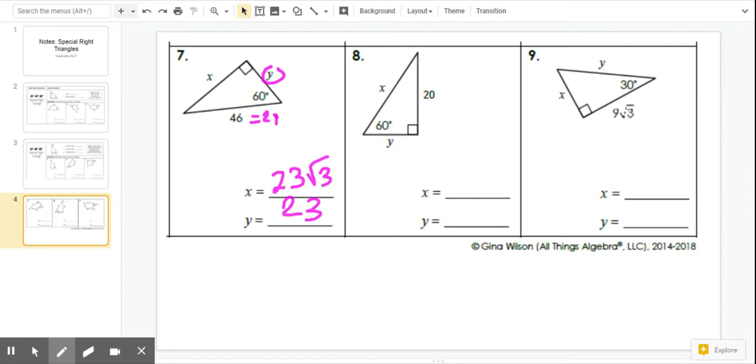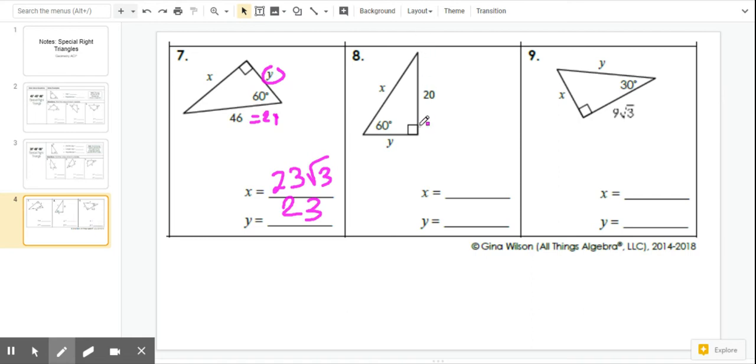In this case, I would say usually the hardest scenario is when they give you the longer leg. So Y is the shorter leg, 20 is the longer leg, X is the hypotenuse. Because, again, as always, the hypotenuse is across from the 90. The longer leg is across from the 60.